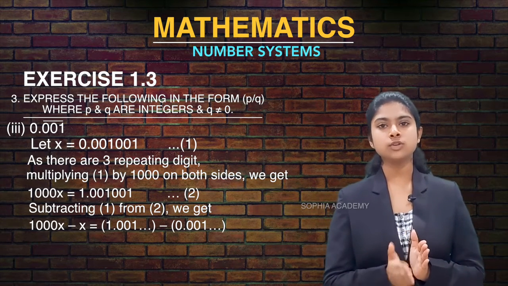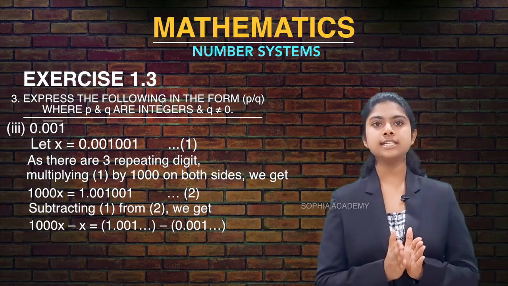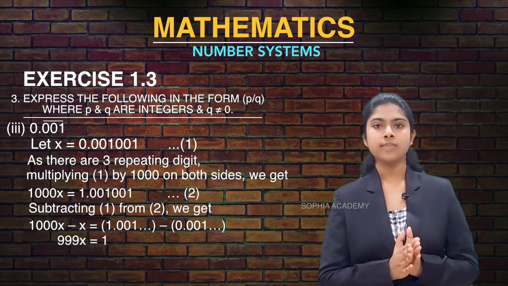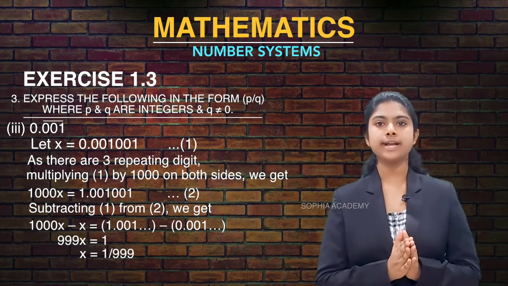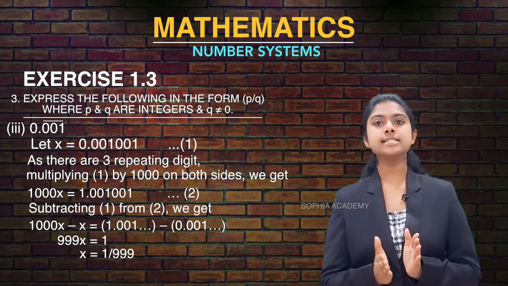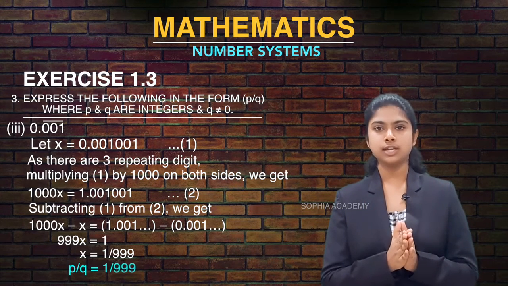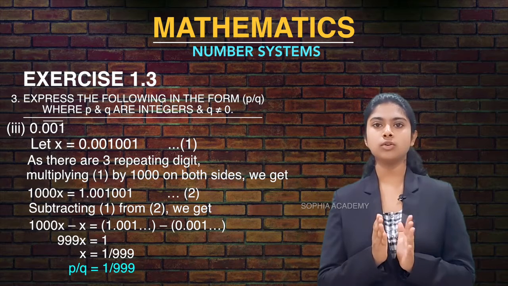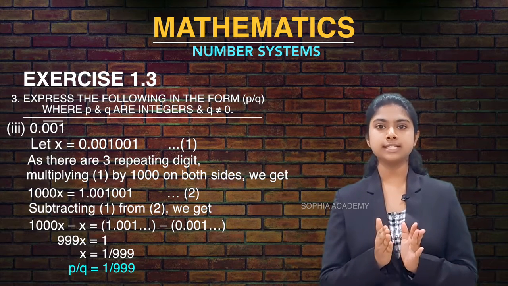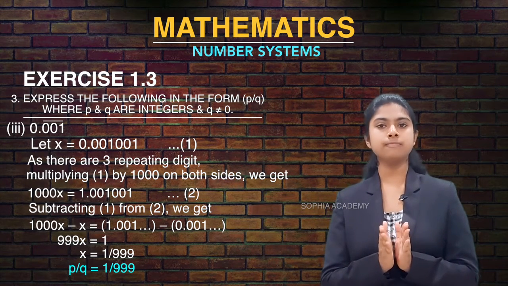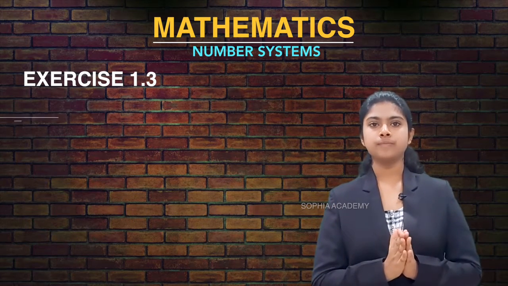And the solution for this is 999x is equal to 1, that is x is equal to 1 by 999. That is, the decimal expansion 0.001 the whole bar gives 1 by 999 in the form of p by q.